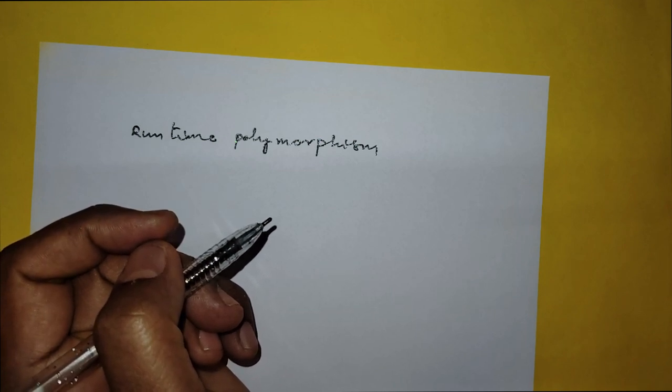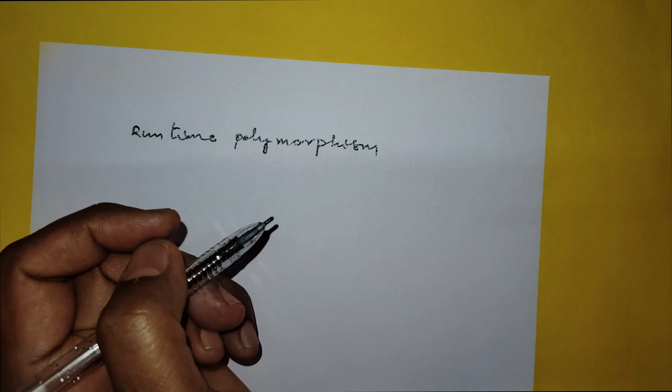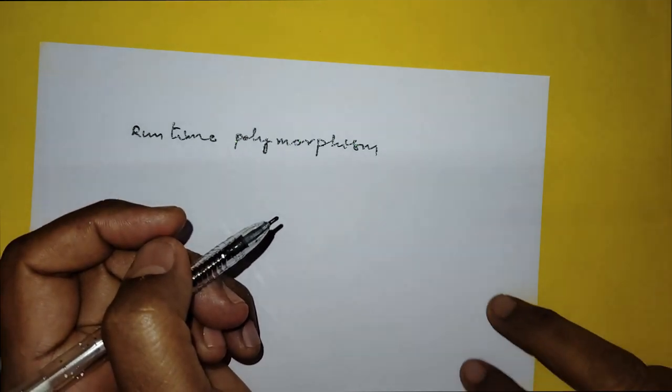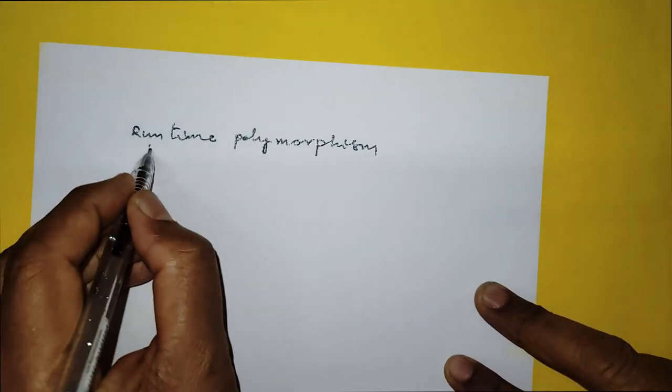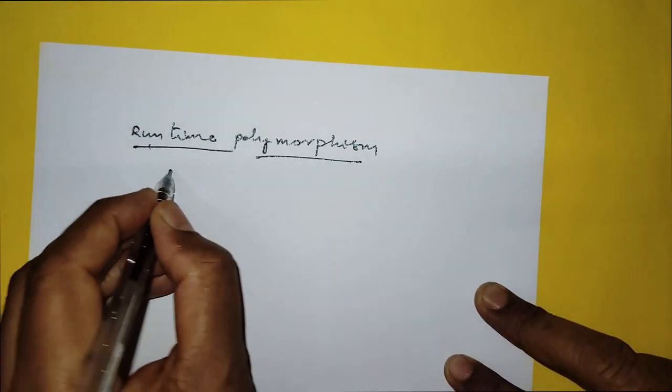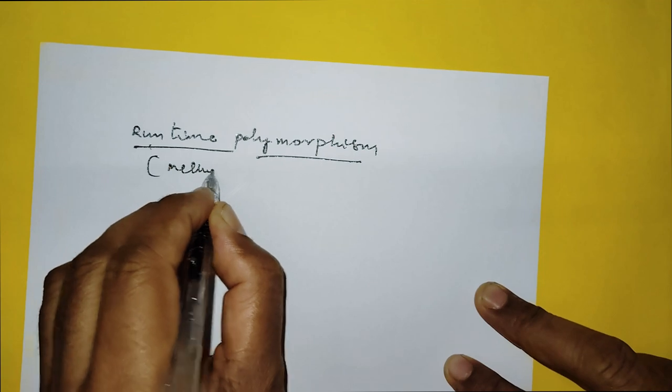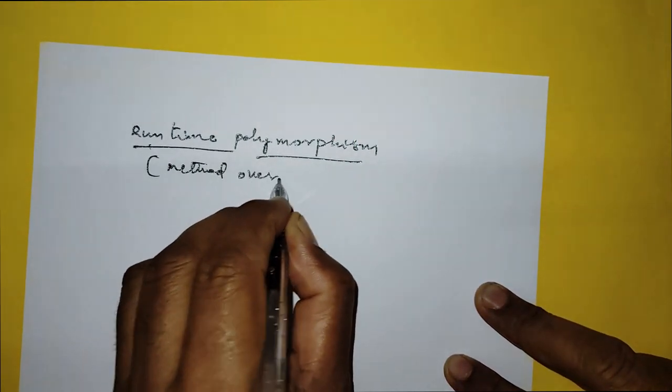Let us write a program. Here it is runtime polymorphism, where we are going to use method overriding.